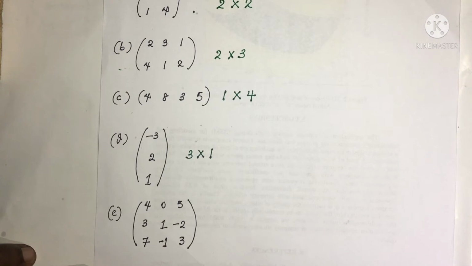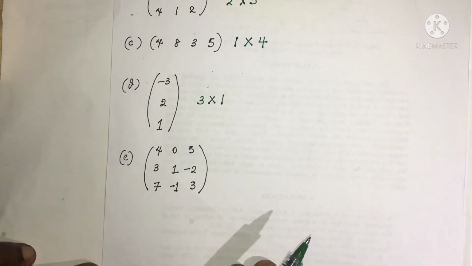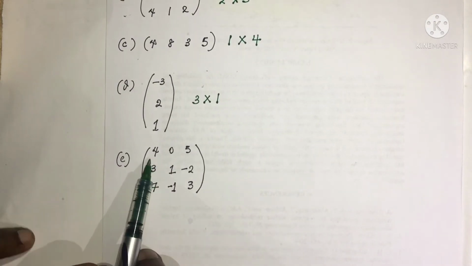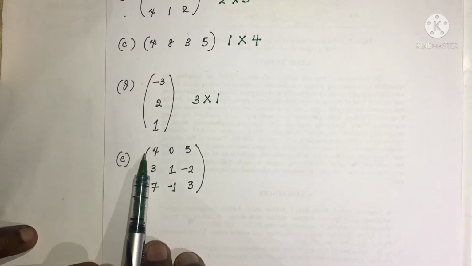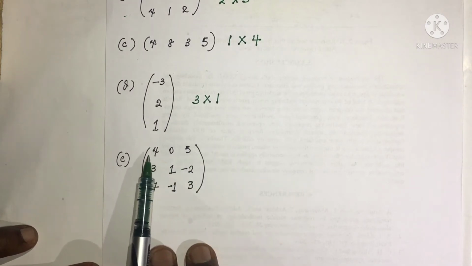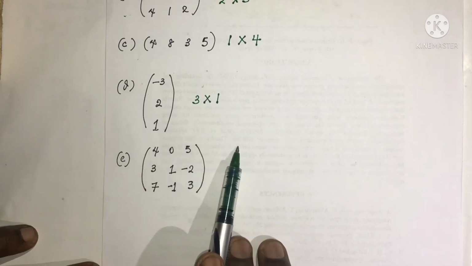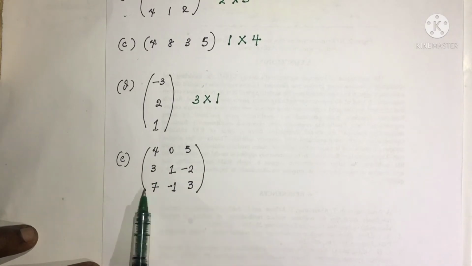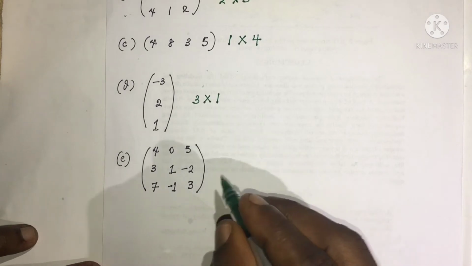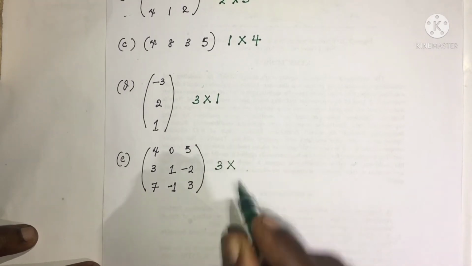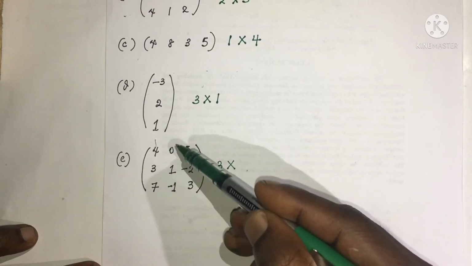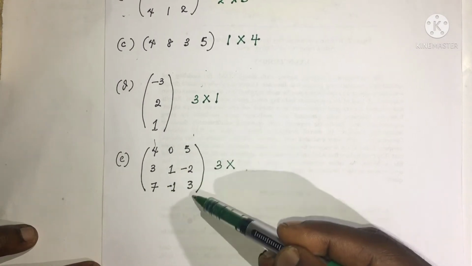Now let's go to the last matrix here in this problem. If we are to specify the order of this matrix, let's quickly do that by identifying the number of rows. How many rows do you have? Row 1, row 2, and then row 3. So this matrix has 3 rows, by how many columns? Column 1, column 2, and then column 3.